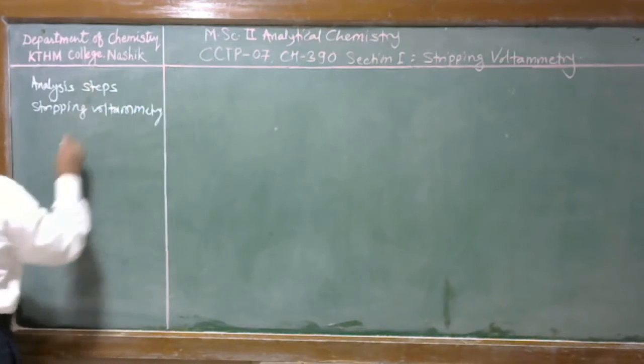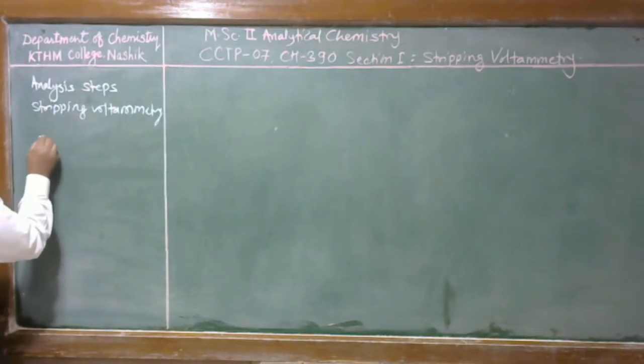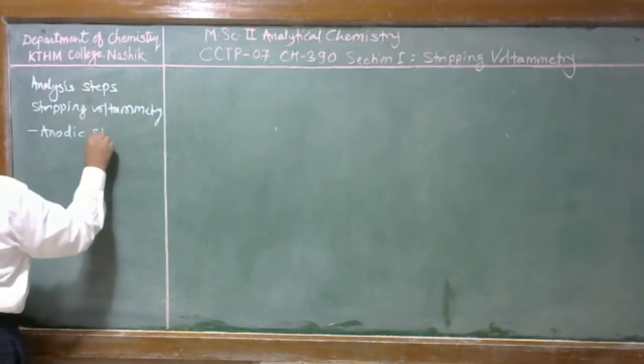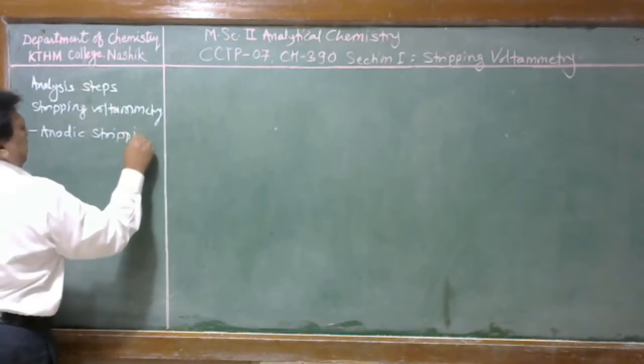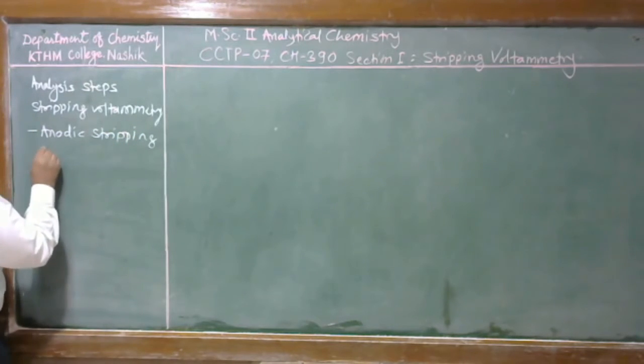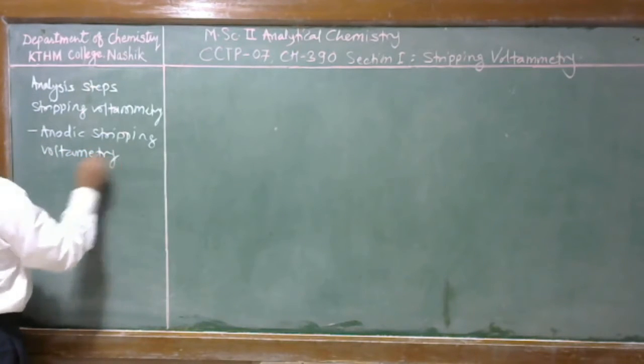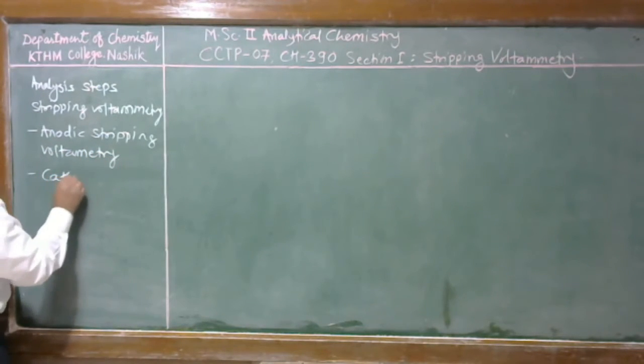There are two steps. The first step is called the concentration step and the second step is called the stripping step. In addition to this, we discussed the working of anodic stripping voltammetry as well as the working of cathodic stripping voltammetry.